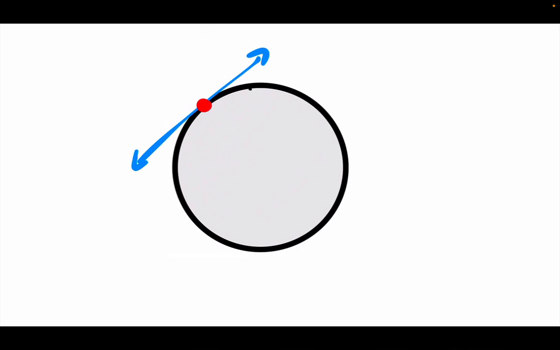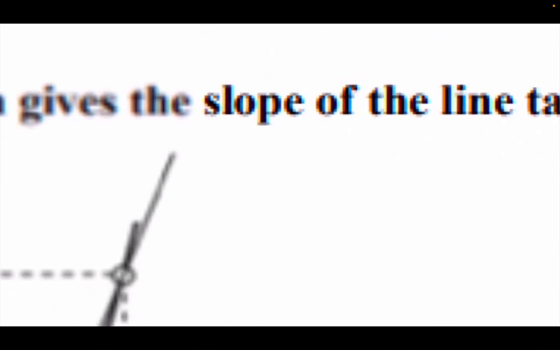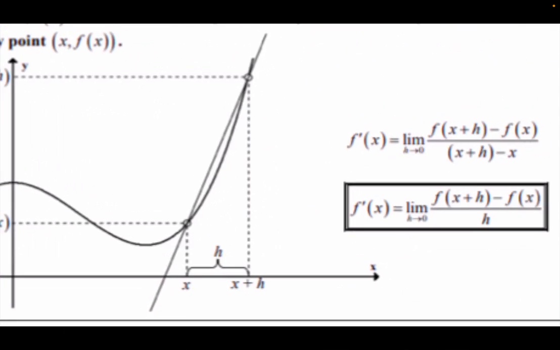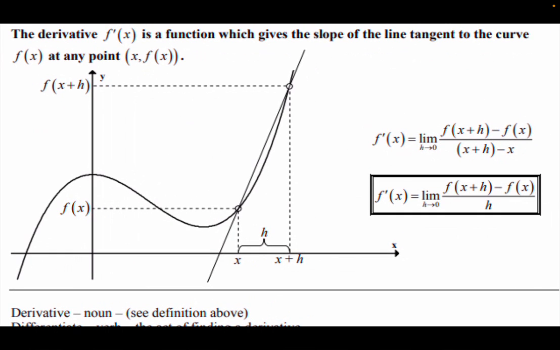Okay, so let's look. I gave you an example here. Here's the function. Let me highlight the function in green. So this is f of x here. That's f of x there.